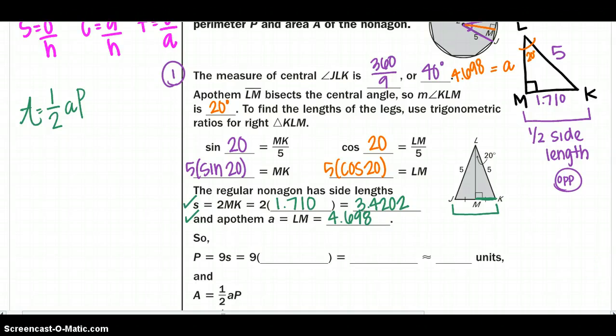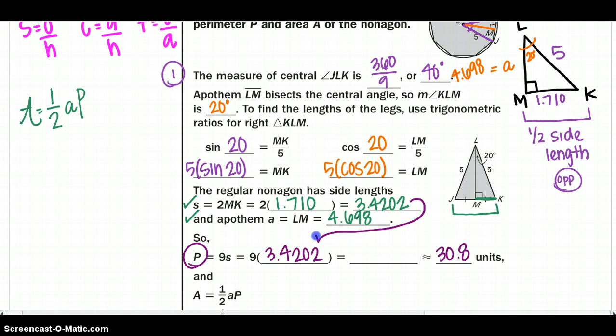So after you find your apothem and your side length, you can go ahead and find your perimeter, because we know that we have 9 sides and each side is 3.4202. So we can say our perimeter is approximately 30.8 units.